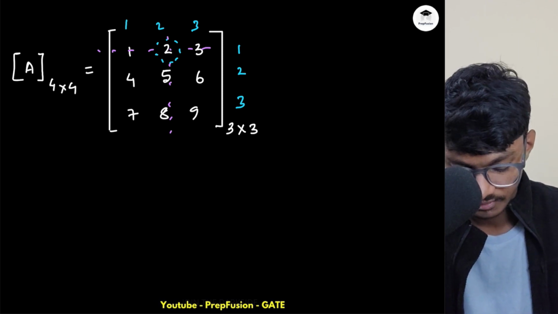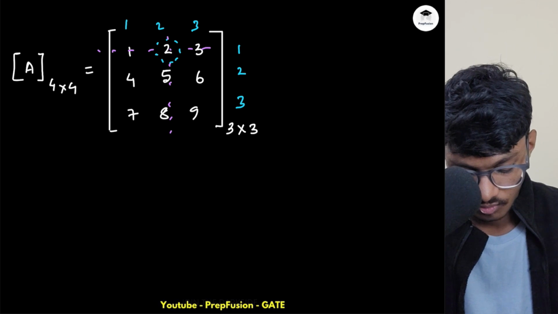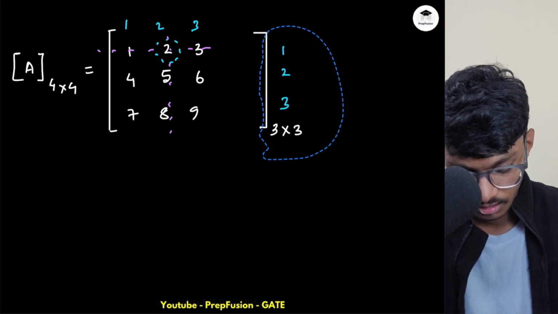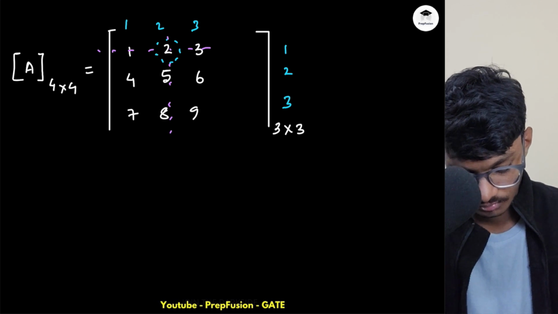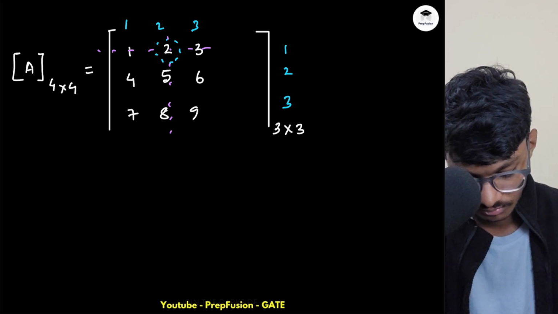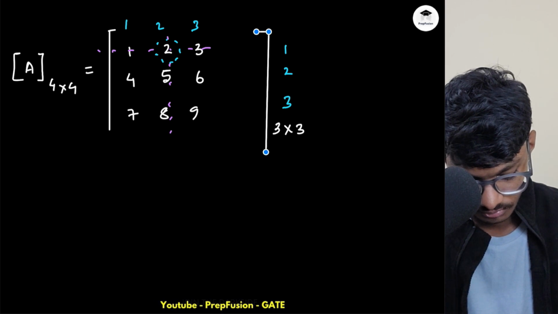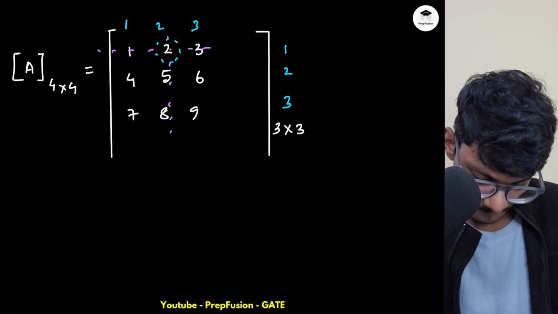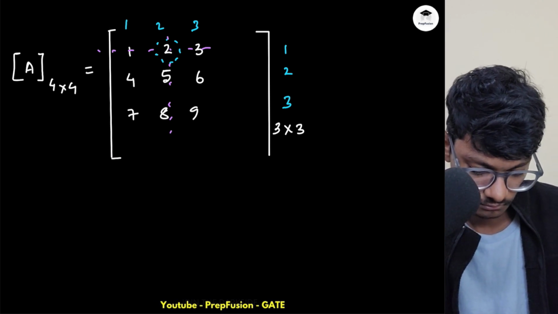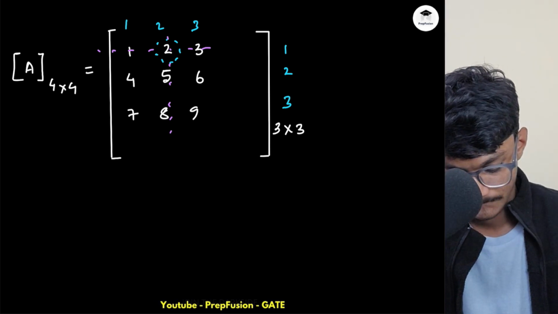So if A is my 4 cross 4 matrix, now one row and one column have been added.